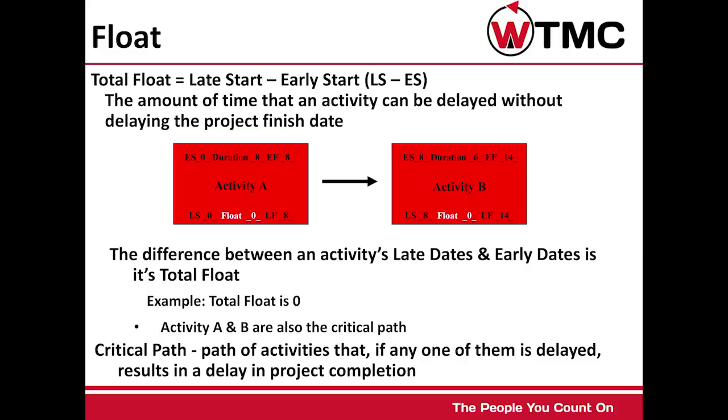Example, total float is 0. Activity A and B are also the critical path. Critical path is the path of activities that, if any one of them is delayed, results in a delay in project completion.